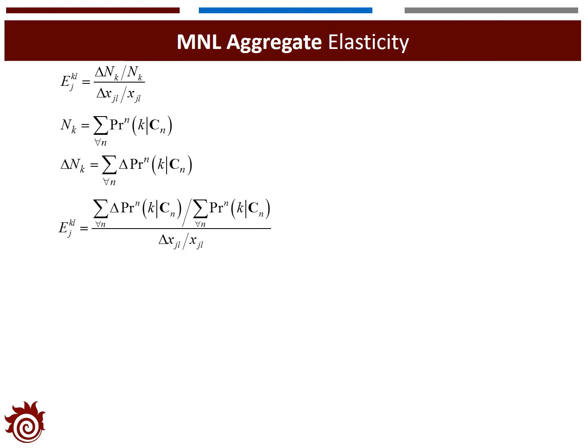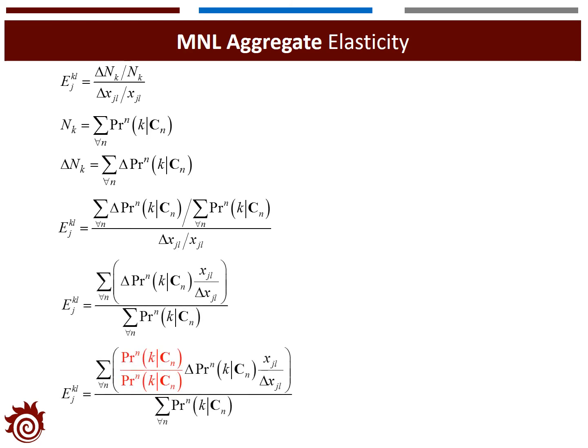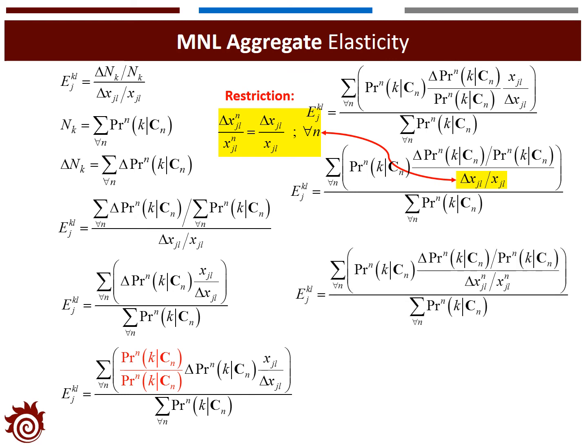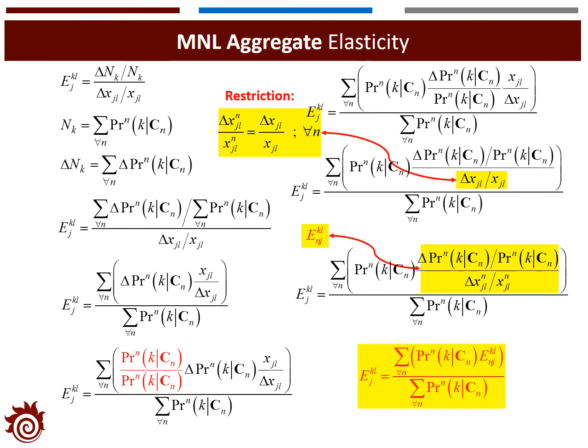We can further modify the equation in the next several steps, and then apply the restriction on the changes in the attribute for individuals and the whole population. In this equation, you will find that the term here is just the choice elasticity that we derived previously. In that sense, we can see that the aggregate elasticity is just the weighted choice elasticity for all individuals.